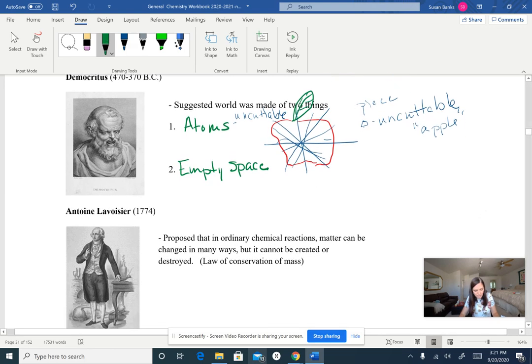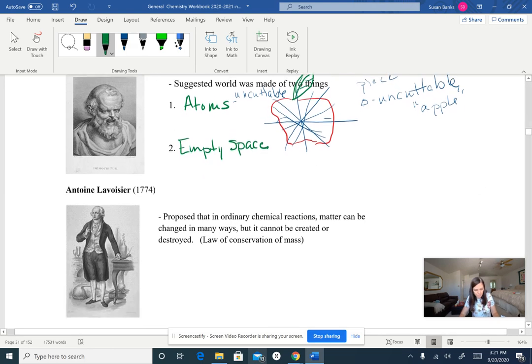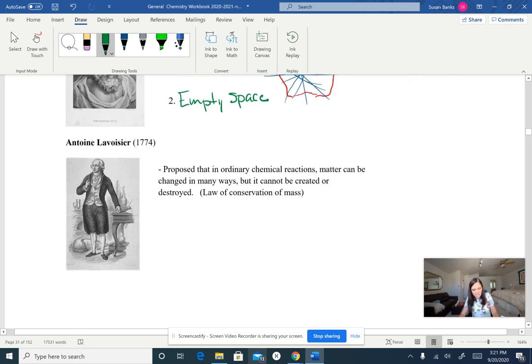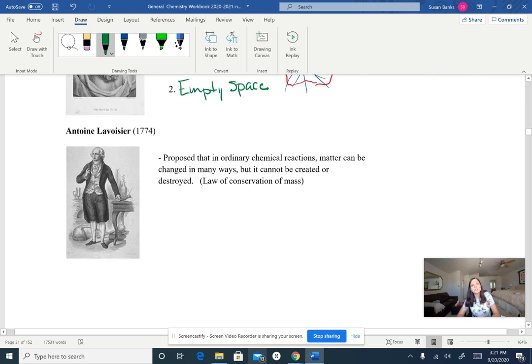Okay, so here we go. Fast forward about 2,000 years. We have a French guy named Antoine Lavoisier. Now, Antoine was an interesting fellow. He was actually part of Napoleon Bonaparte's government. He was Napoleon Bonaparte's scientific minister.